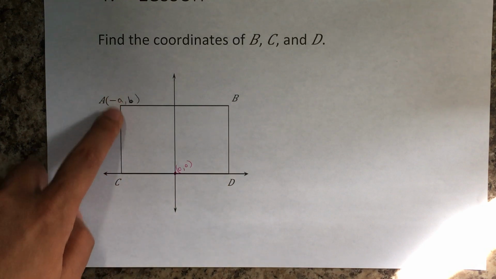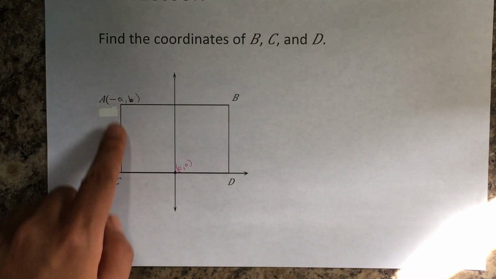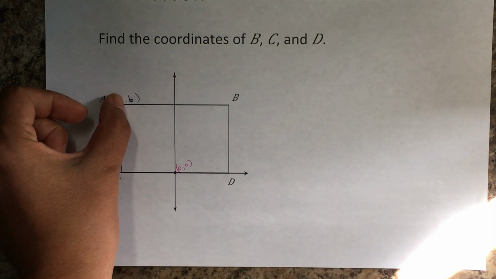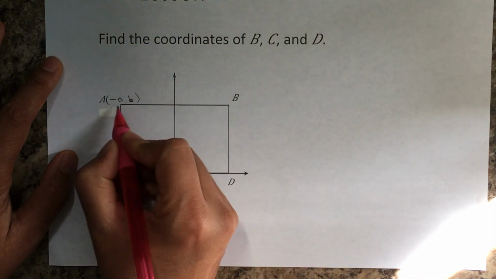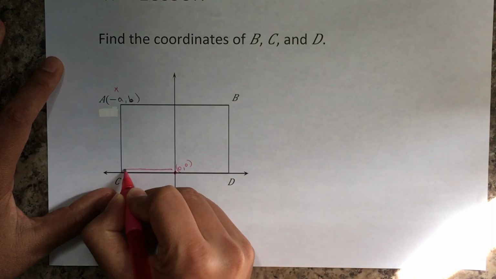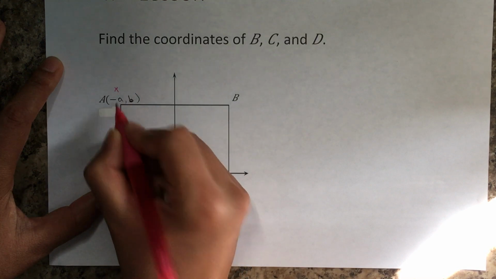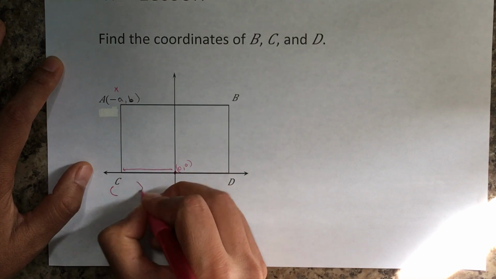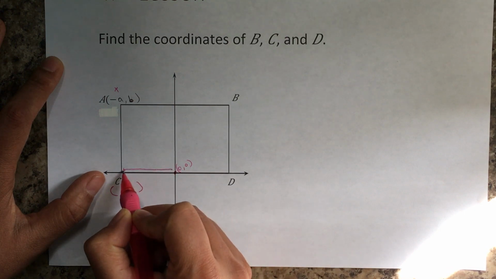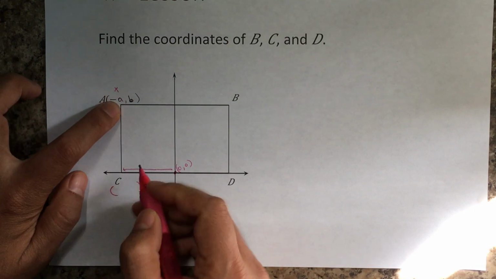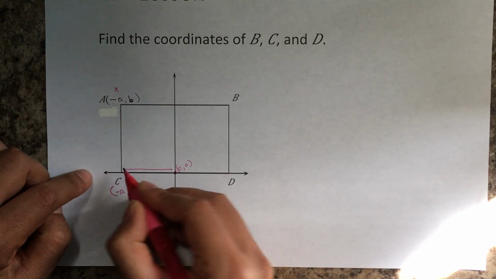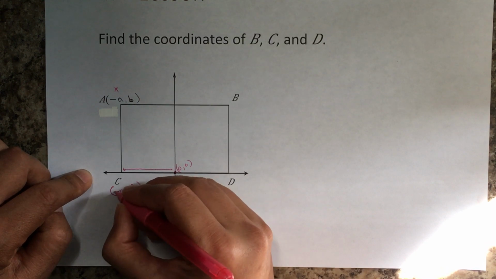So to get to this point, from 0 to here, it's going to be a, because that's how much we traveled. The distance is a, but since it's on the left, it's negative a. So that means point C is going to be, for x, I move this much, which is negative a. And then I don't move up or down, so that's 0.